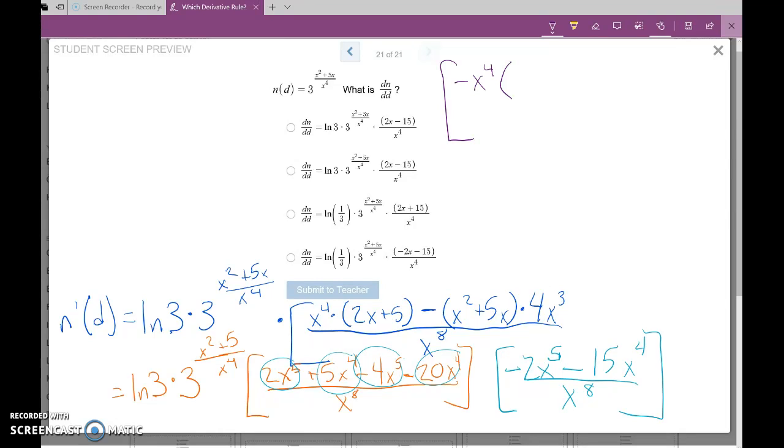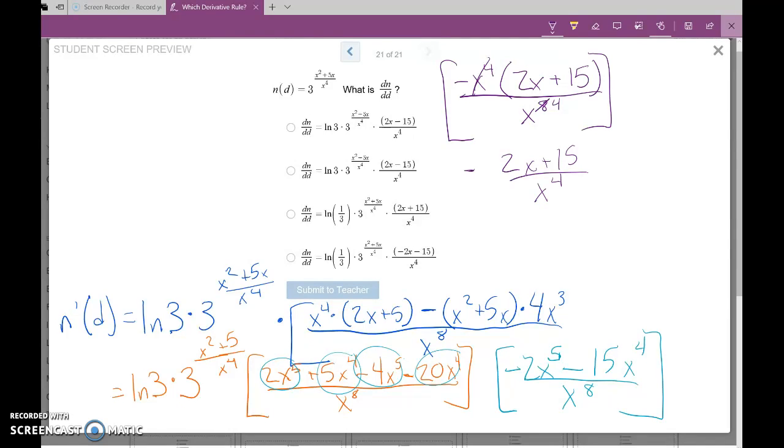And then what's going to be left behind is a 2x plus 15 all over x to the 8th. Now this x to the 4th is going to cancel into here, and I have negative 2x plus 15 over x to the 4th. All right, so we're getting closer.